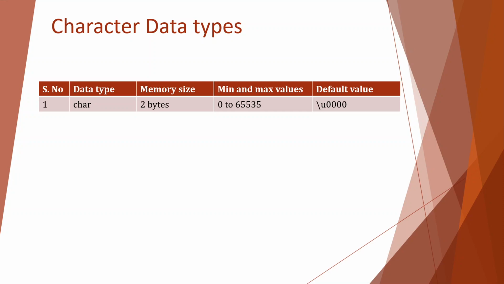Before the Unicode system there was another character encoding system, ASCII. ASCII by default supports only 256 different characters, only English language characters and some symbols that are there on any keyboard. Only those can be converted to ASCII character codes and stored in memory.